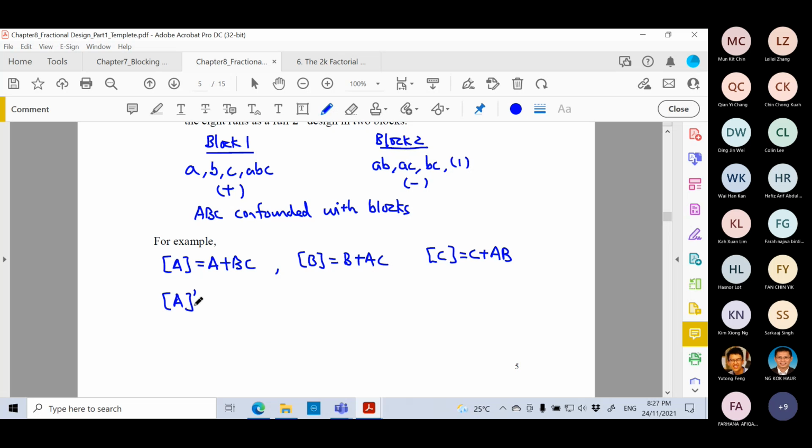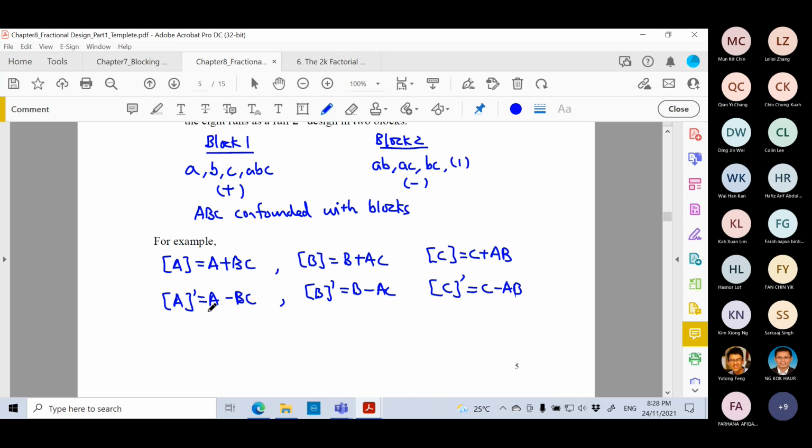Okay, the complement of this is the negative one. I will have A minus BC. I run this one, the other half of them, I will get B minus AC. I get C prime, I will get C minus AB. Okay, so this one you run either the first half or the second half.